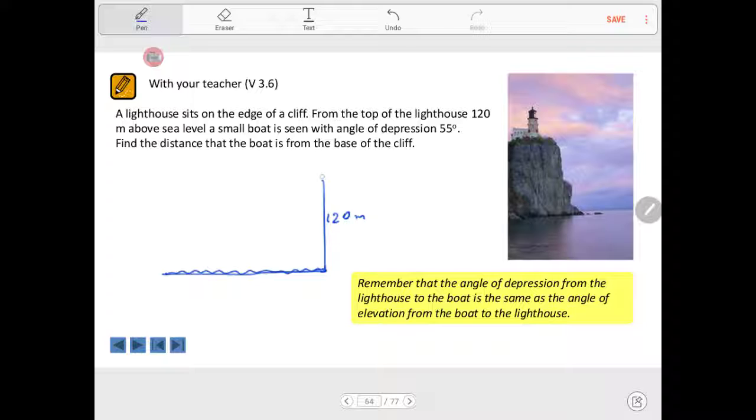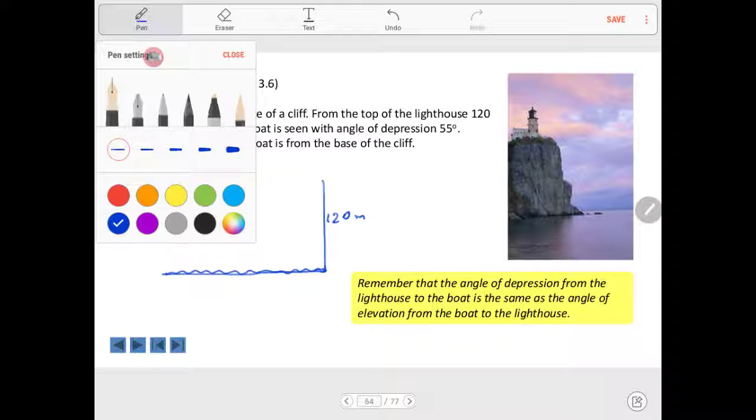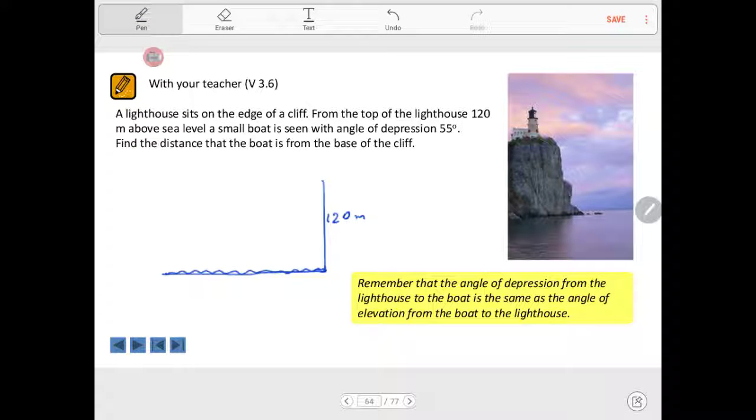So a person on the top of the cliff is looking down at a boat.